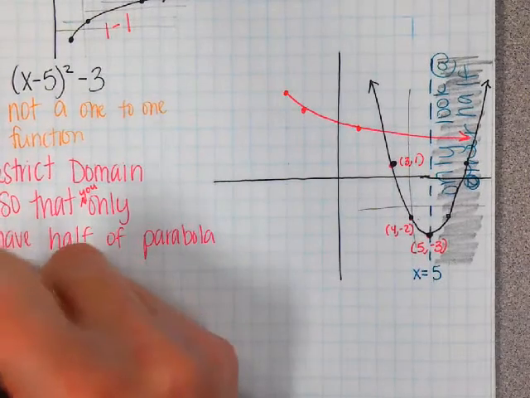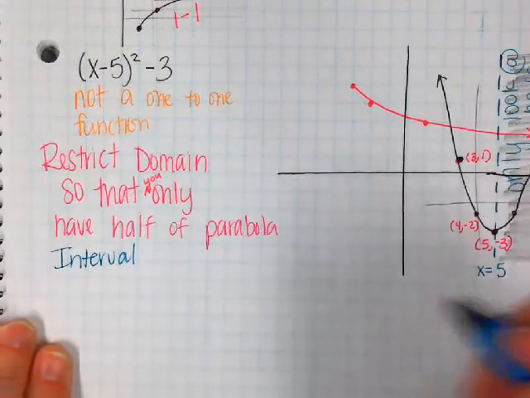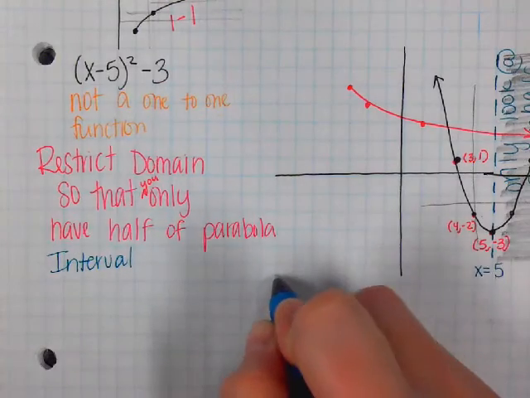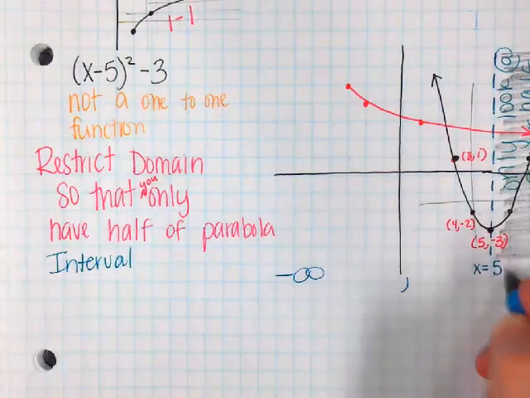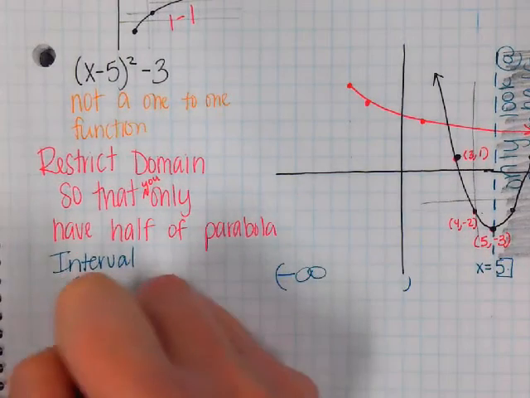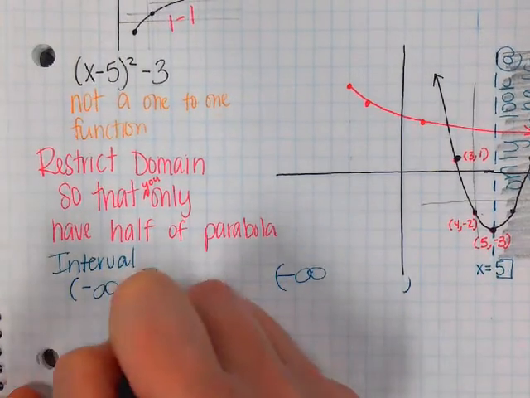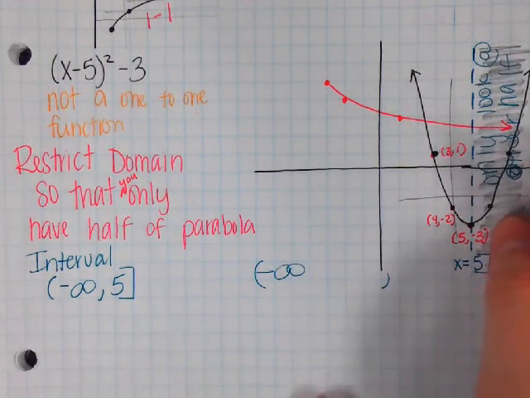So remember when we talked about interval notation, the interval of the half that I'm going to use would be from negative infinity, because it's this side, to our axis of symmetry, which is 5. So my interval would be from negative infinity to 5.